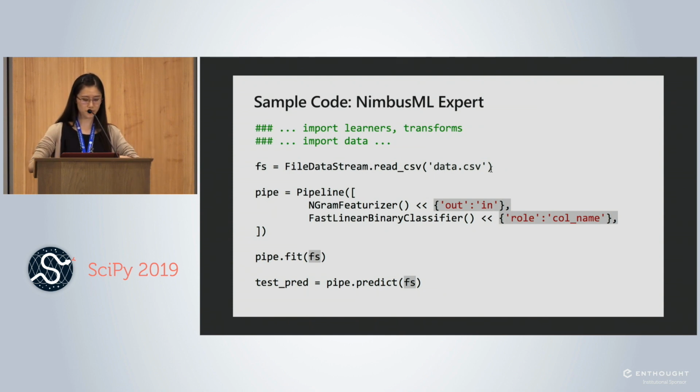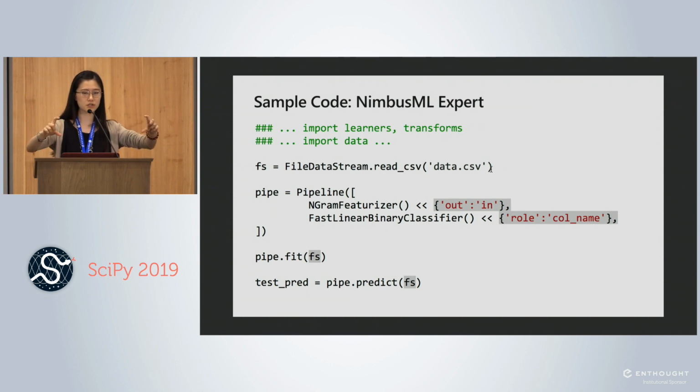And then same thing for the second learner: you can specify what are the columns you want to use as the feature for this learner, and what is the column you want to use as label. So imagine that it's very, very similar to TensorFlow or a deep learning package. You are adding layer after layer and stacking them up and chaining all the learners and transforms up.